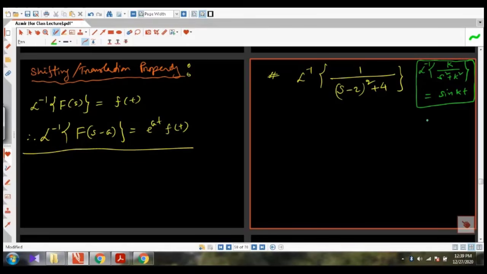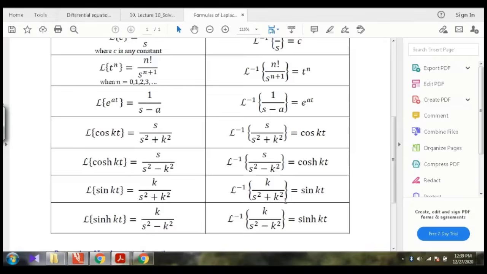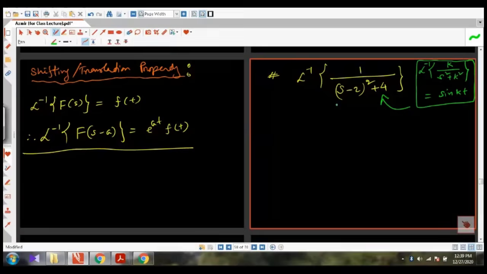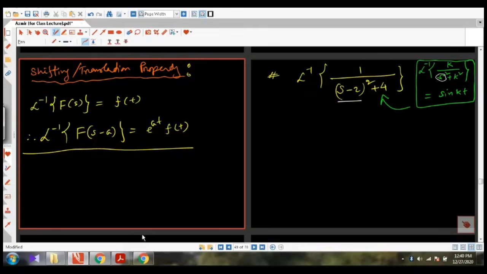Okay, but out of all these formulas, this formula is closely related to this one, because here we have something squared, s squared plus k squared. 4 can be written as 2 squared. Isn't so? Yes, sir. So here the main problem is that instead of s, we have s negative a, s negative 2.